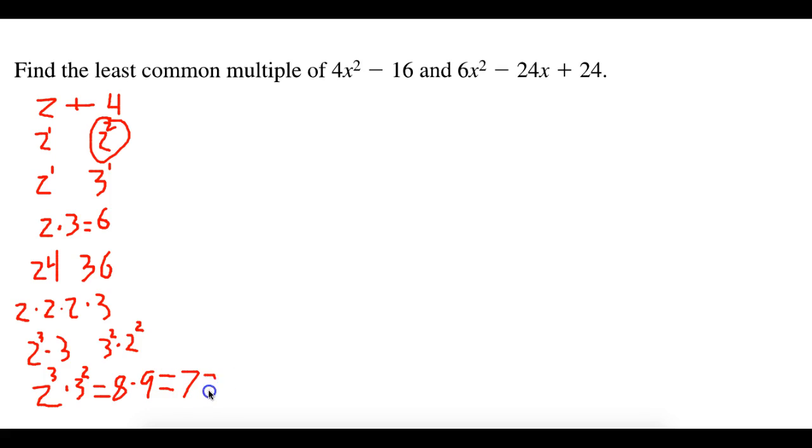If you look at this between 24 and 36, 24 times 3 is 72, and 36 times 2 is 72. That is our least common multiple of 24 and 36, and you see how we got that. The reason I did that is it's important to understand that process for finding the least common multiple of these polynomials.